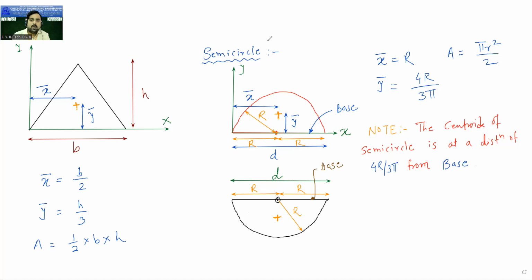Now, as usual, if we draw the reference axis, we have to draw it in such a way that our figure should be in the first quadrant. So this is my x-axis, and similarly we will draw the y-axis also.